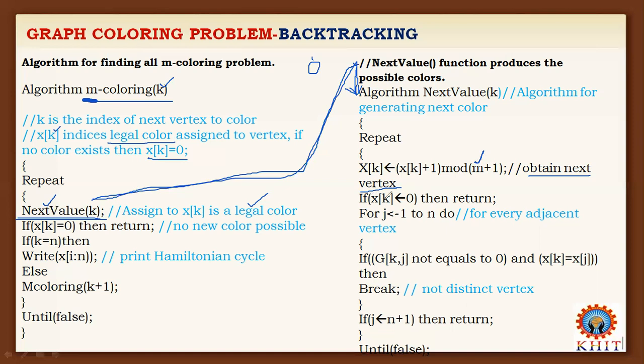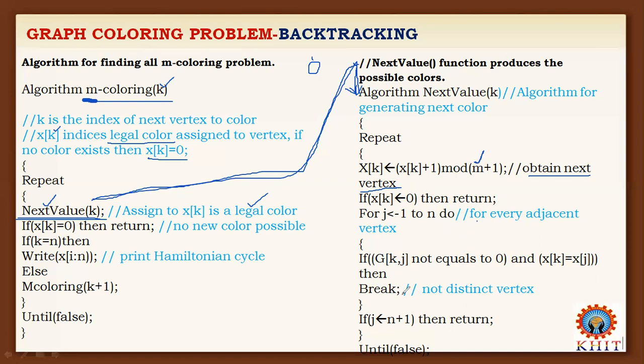If f of x is equal to 0, then return. That means if no color is fine, apply the backtracking technique. So you need to compare whether each and every adjacent vertex is filled with the same color or not. If an adjacent vertex has the same color, you do not fill it. Simply ignore that color and go for a new color.